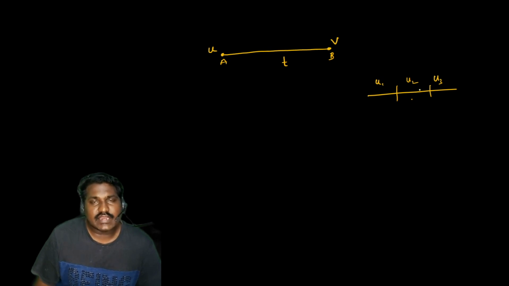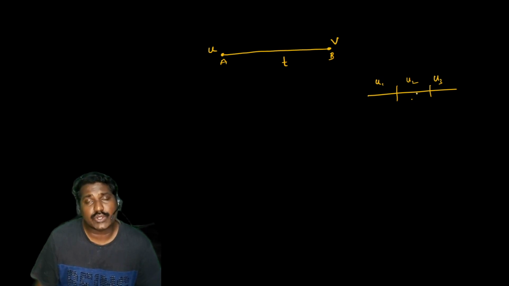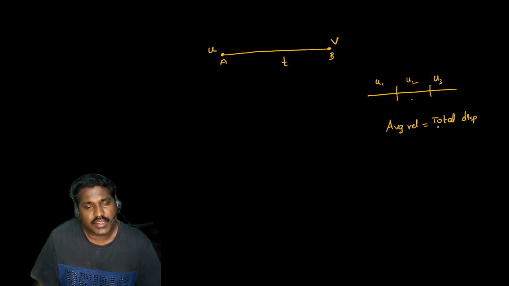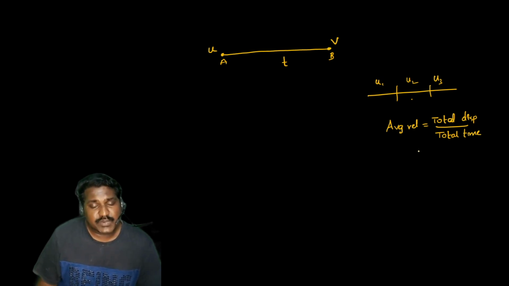Then if you want to find the average velocity, you have to use another formula, because average velocity is nothing but total displacement by total time taken. Similarly, average speed is total distance by total time taken.